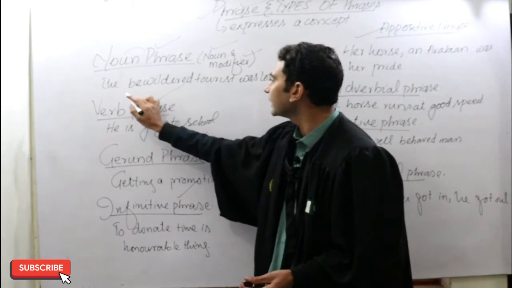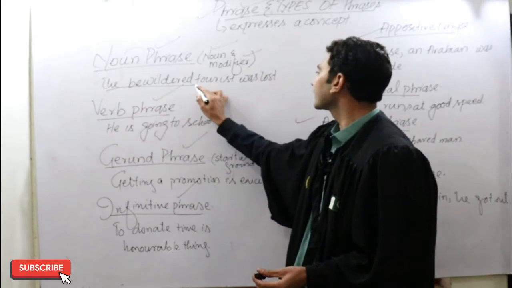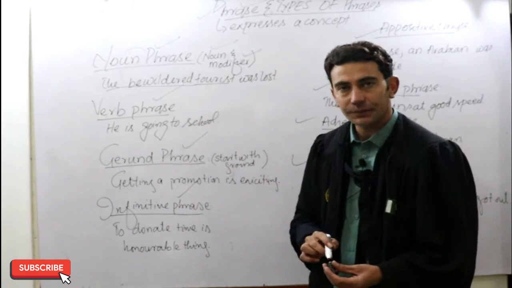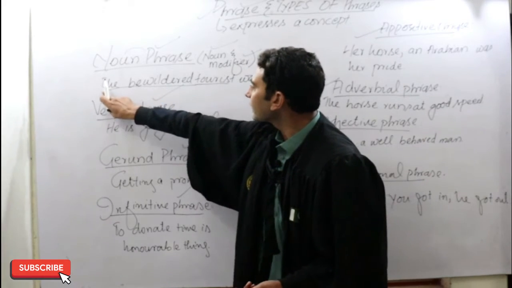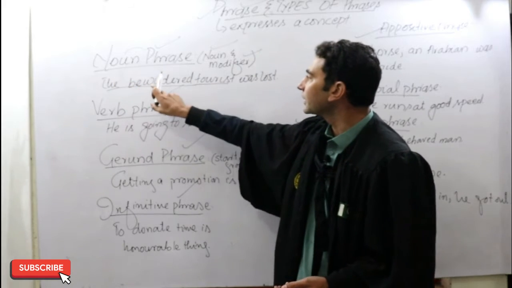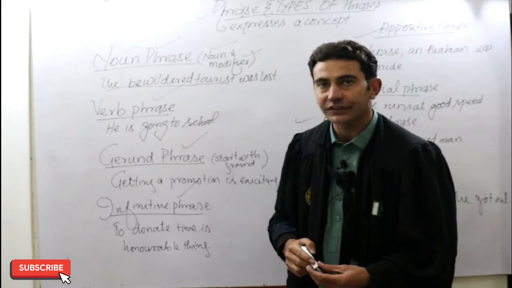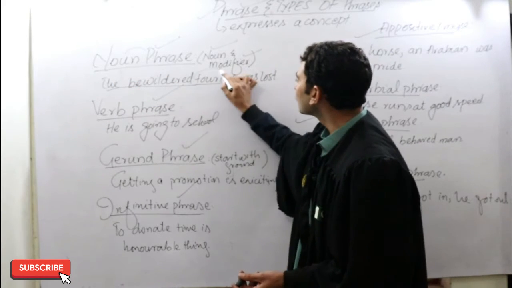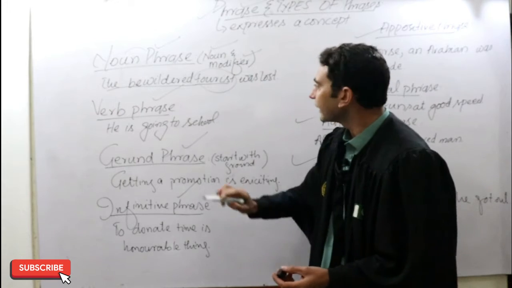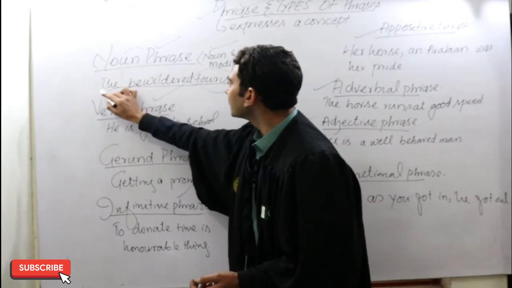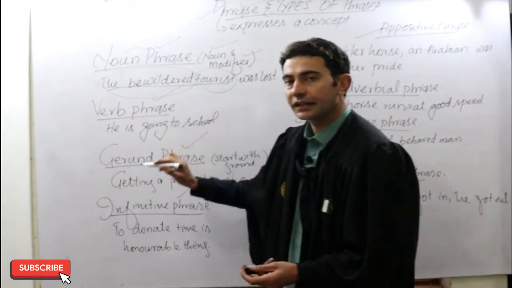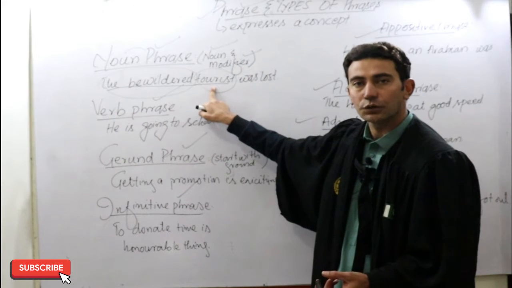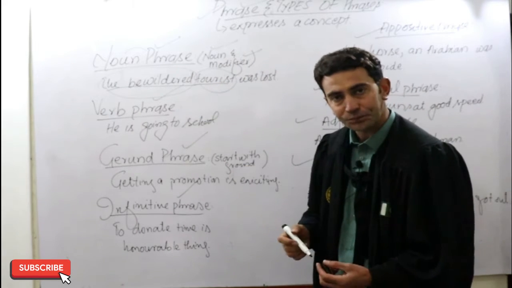Look at this example: the bewildered tourist was lost. Here the underlined words function as a noun phrase. The focal word is the noun tourist, and the remaining words are its modifiers.